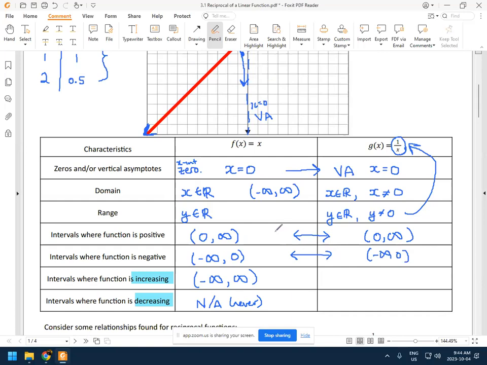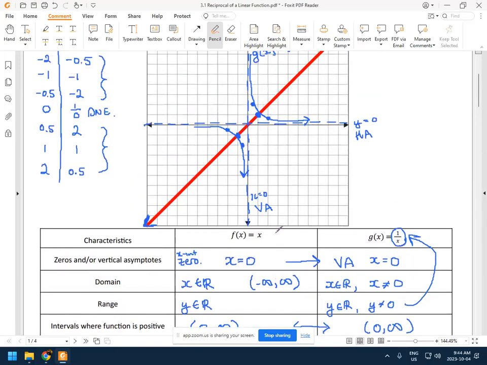Here's the funky part. Look at the graph. When is this graph going uphill? Am I ever going uphill?